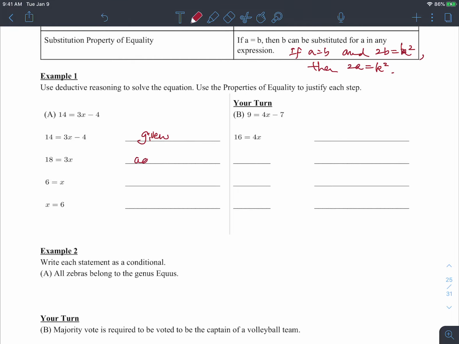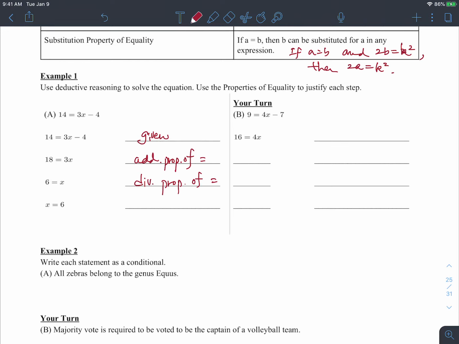So this is the addition property of equality. You could use shorthand if you like. And the next one, we divided both sides of the equation by 3. We would call that the division property of equality.